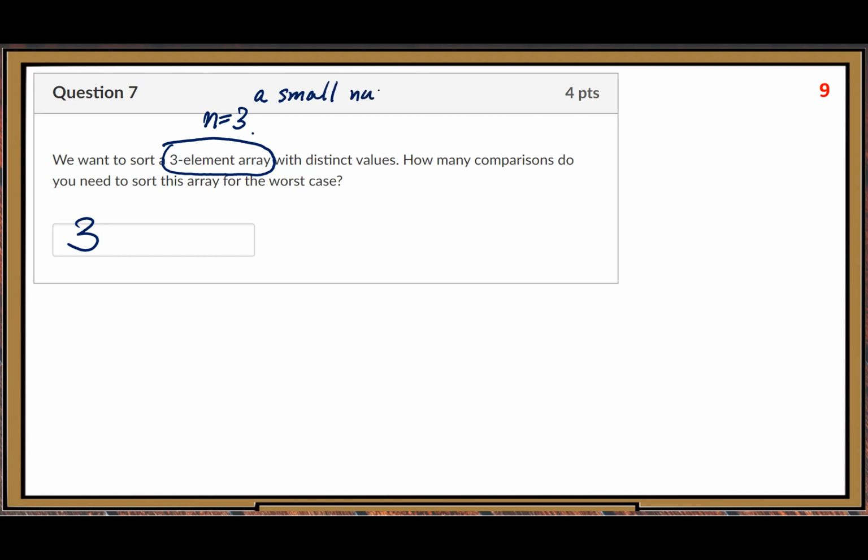Why do I emphasize this small number? Because usually many students like to apply some formula. In the problem statement, I didn't mention any particular algorithm, right? I didn't say selection sort or bubble sort.